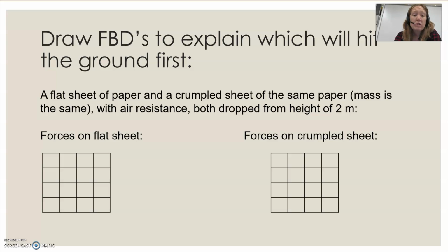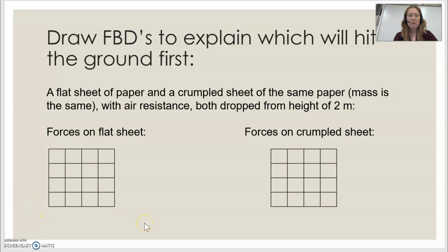I'm going to have to pause so that I can exit the presentation mode. Hold on. Okay, on the flat sheet and the crumpled sheet, let's draw their force of gravity as being the same because they have the same mass.